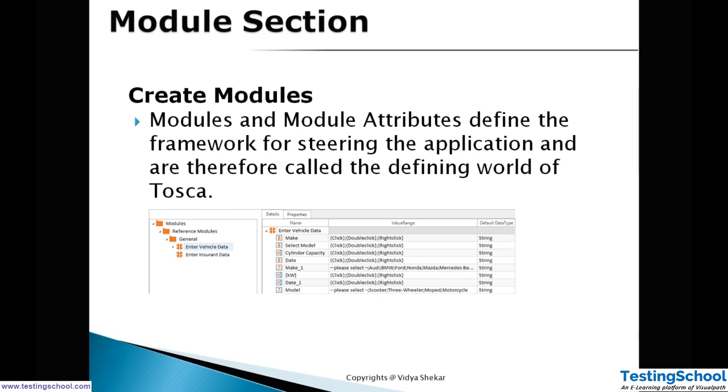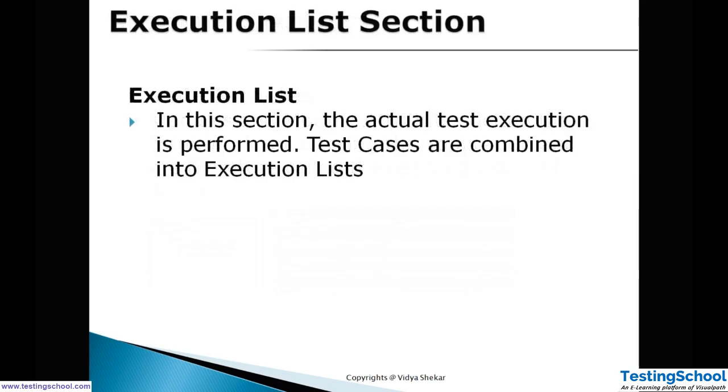If you want to test a particular application, let's say a text box, in order to perform an action on this control, I need to identify that particular text box. For identifying the elements on a web page or a desktop application, we have to make use of a section called module. We'll practically see how to work on modules.